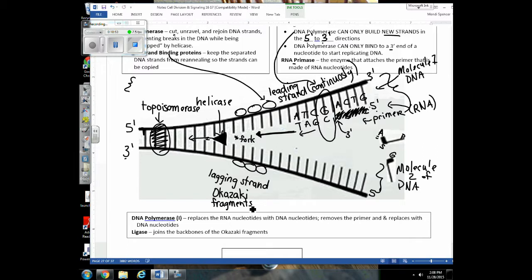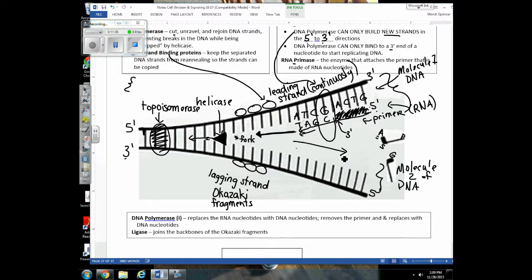Now, remember I said that DNA polymerase 3 can only build new strands in the 5' to 3' direction. Well, if we go to build a strand of nucleotides here in the middle, to build that new strand in the 5' to 3' direction, DNA polymerase has to move away from the fork.